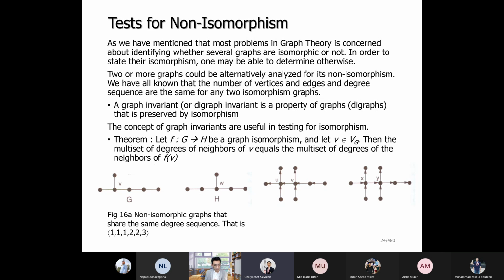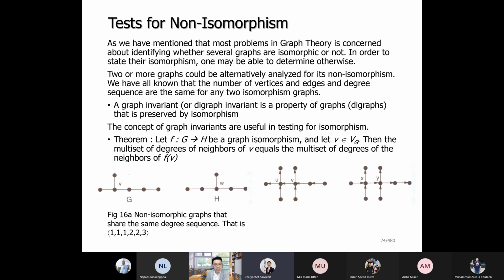Degree sequence, normally you can write in increasing order or decreasing order. In this example on the bottom left is the increasing order: 1, 1, 1, 2, 2, 3. Or you can write 3, 2, 2, 1, 1, 1. It's up to you. But in both graphs we have 1, 1, 1, 2, 2, 3, right?